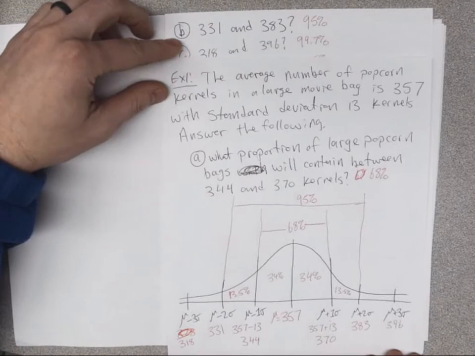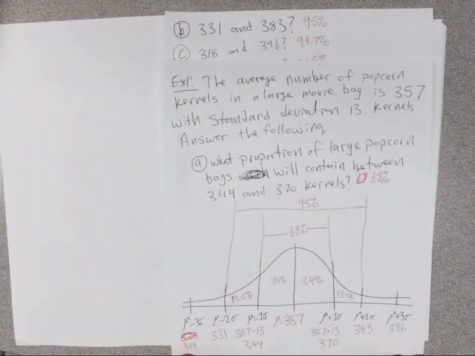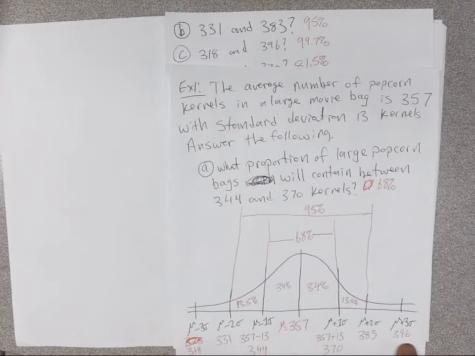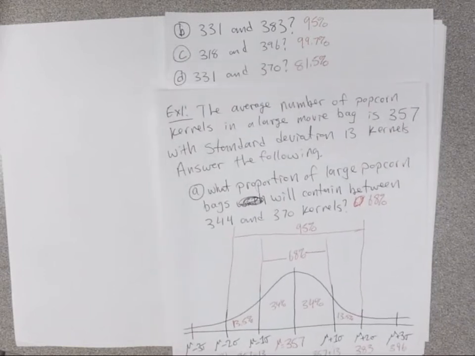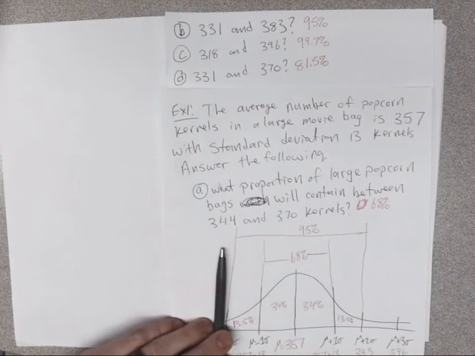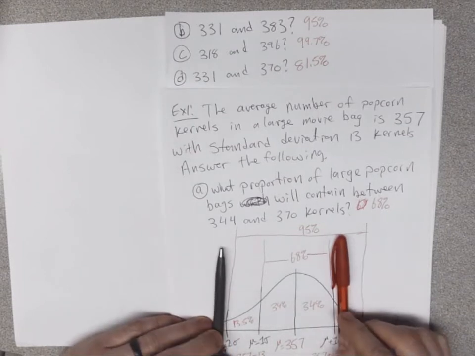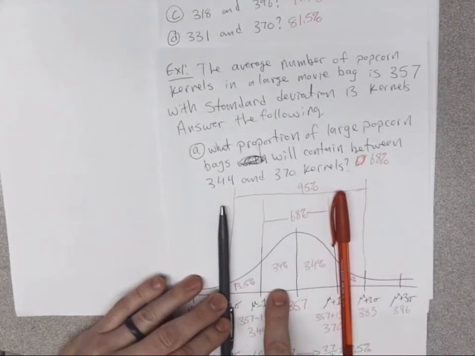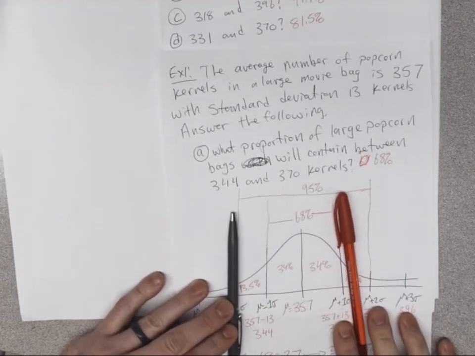And then same thing for part C. 318 and 396 is 3 standard deviations, so that's 99.7. Then part D, we changed it up. We said 331 to 370, so it's here to here. And all we did was add up these portions here to get our 81.5.